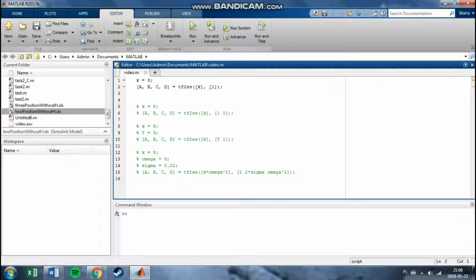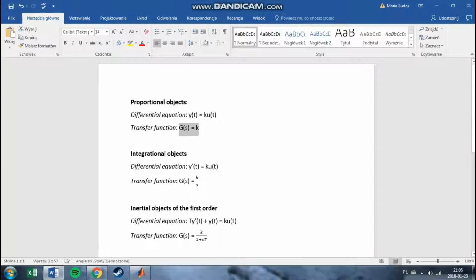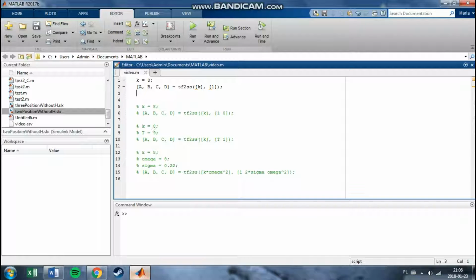As we remember, our transfer function was equal just to k, so it's quite obvious that the numerator will be k, and the denominator will be equal to 1 because k over 1 is equal to k. So let's run it and see the results.